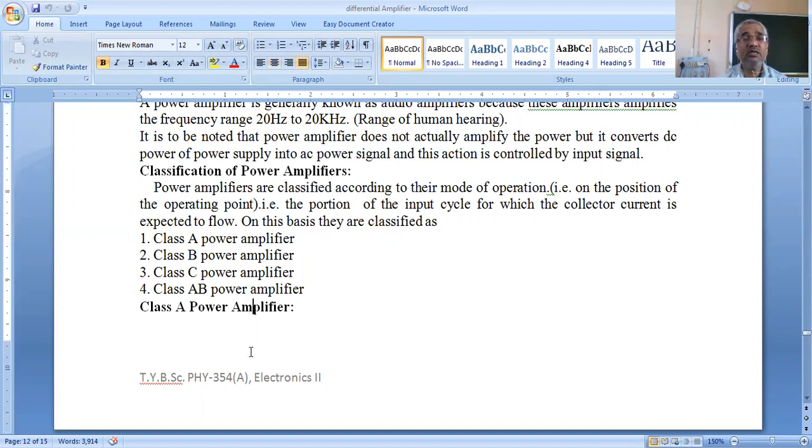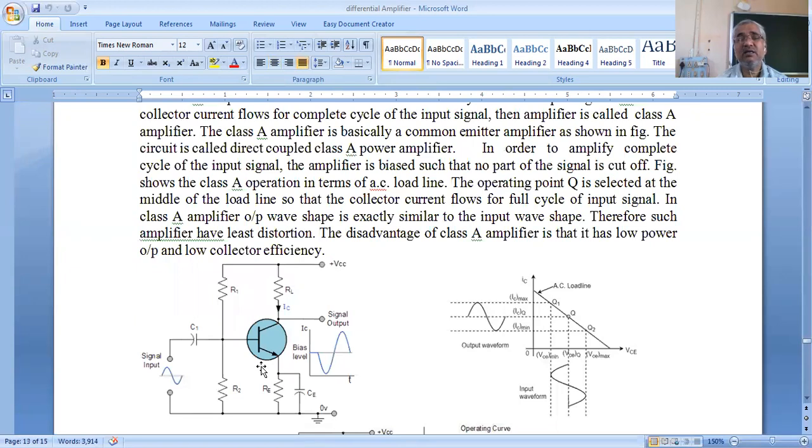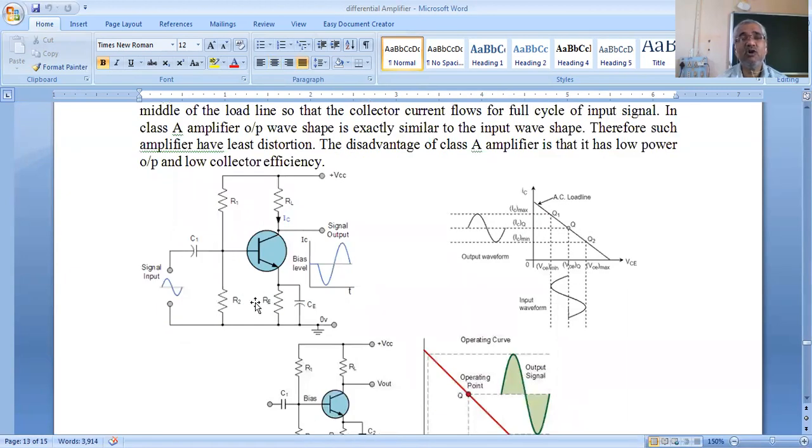Now we have seen the class A amplifier. This is the common emitter class A amplifier. The operating point is selected at the middle of the load line, and therefore the input signal is equally amplified. So both half cycles of the input signal get amplified equally, and therefore this amplifier gives high fidelity. Fidelity means faithful reproduction, and there is no distortion.